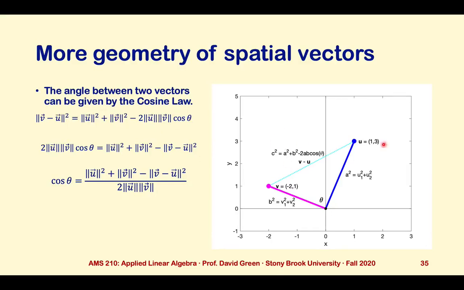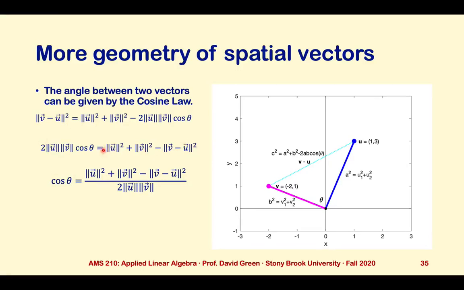If we know the vectors u and v, we can calculate the norm of u, we can calculate the norm of v, we can calculate the difference and the norm of that difference. The only thing we don't know is the cosine, and we can isolate that by moving this term over to one side, this over to the other, giving us 2 times the norm of u, norm of v, cosine theta equals the norm of u squared plus the norm of v squared minus the norm of v minus u squared.